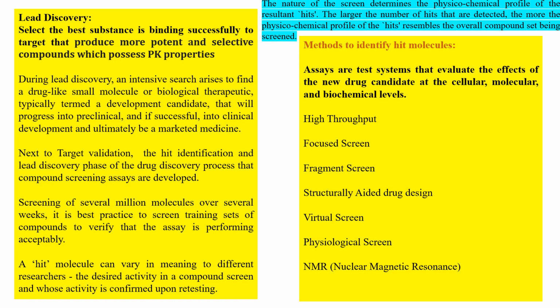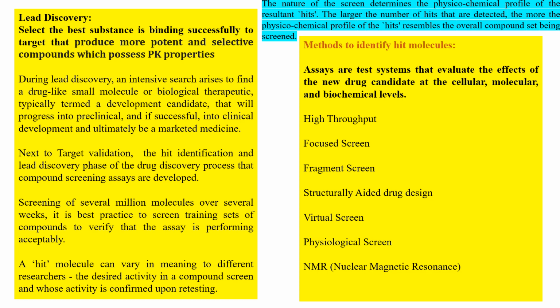So here we are screening the drug compounds out of 10,000. Here we can say that it is a hit molecule. The definition of a hit molecule may vary according to the researchers.